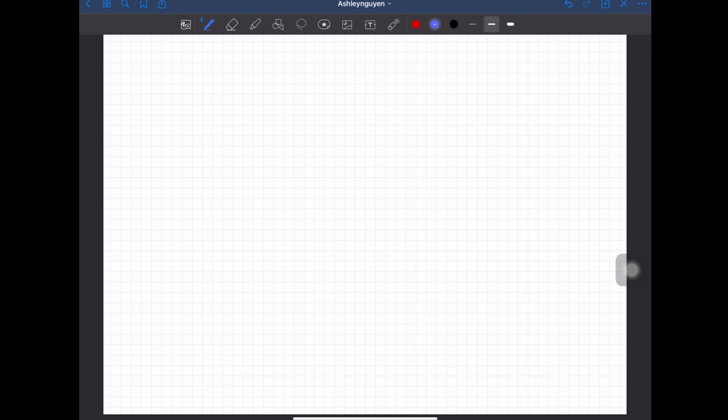On the last page, I will go through all the identities that we have mentioned. Firstly, sine square x plus cosine square x equal 1.